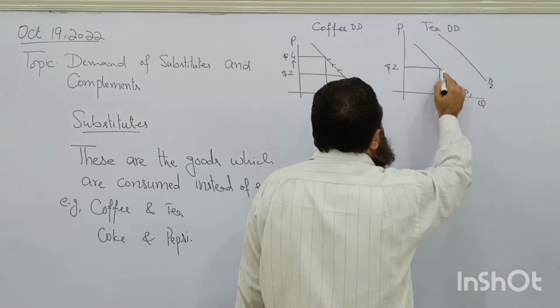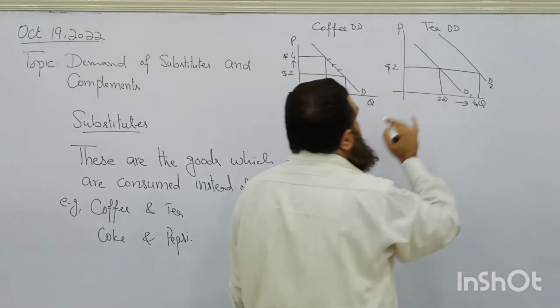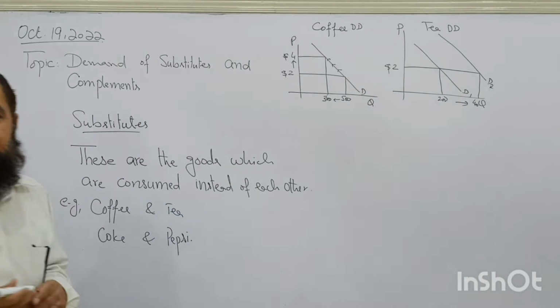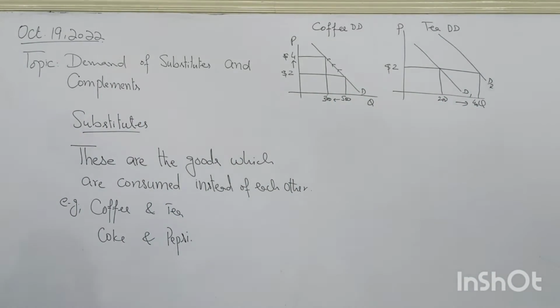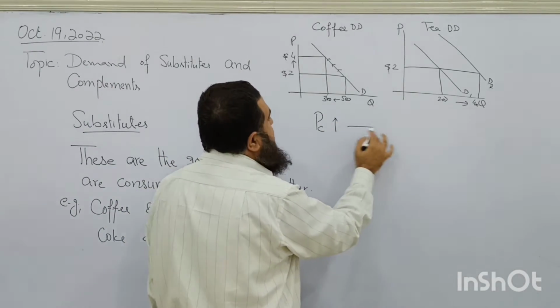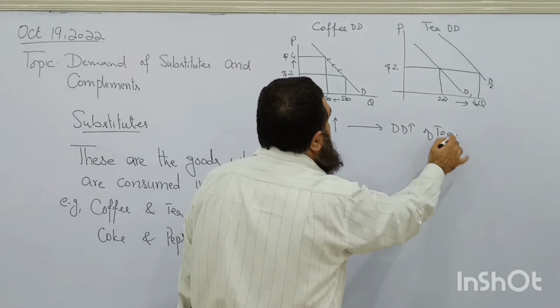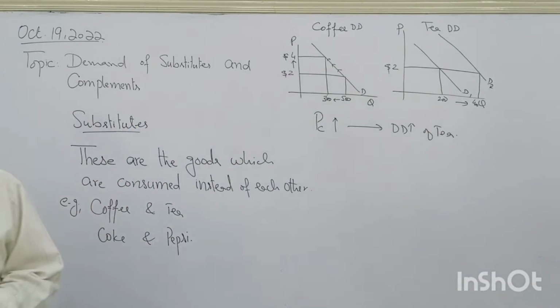Here 200 units were previously consumed. Now there are 400 units which are demanded at the same price. So we say price of coffee has increased and it caused the increase in demand of tea. Both are moving in same direction.